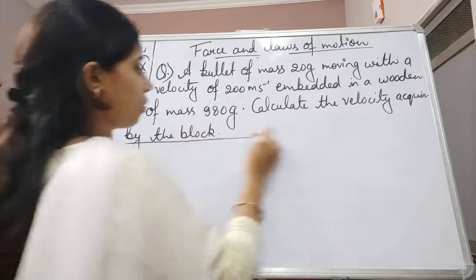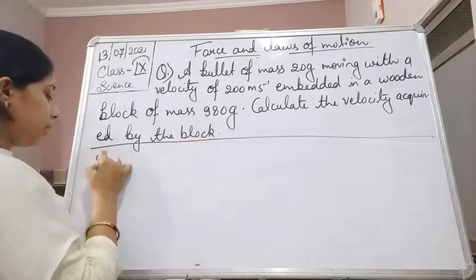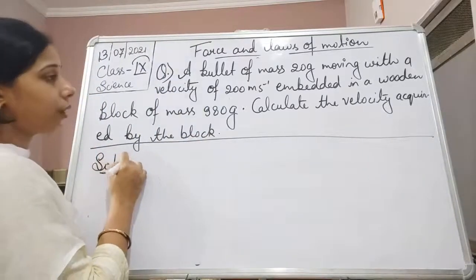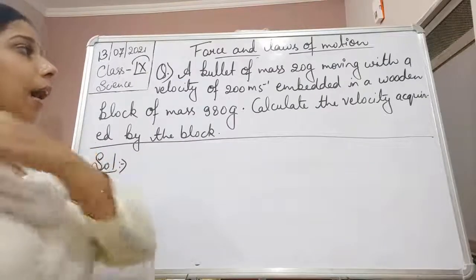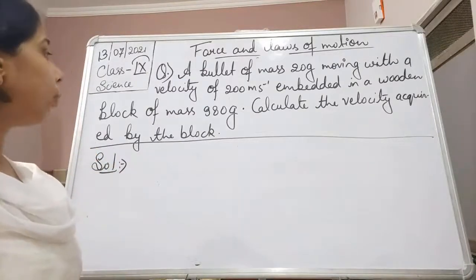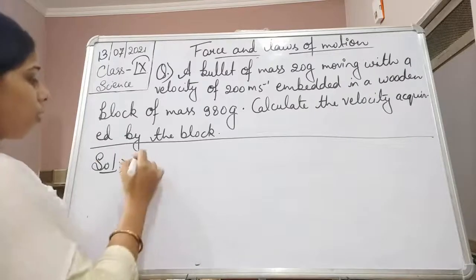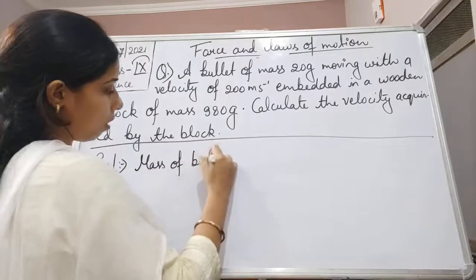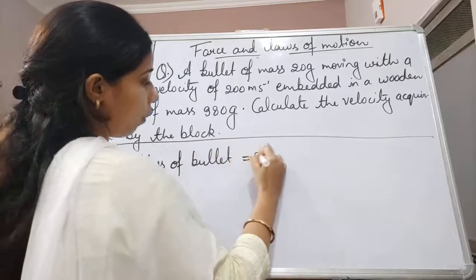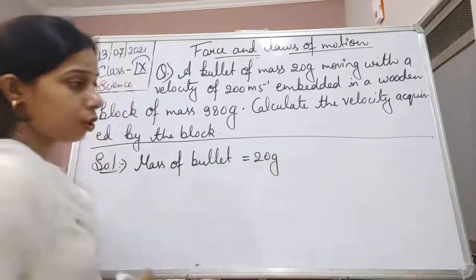This is the question. So let us see what things are given here and what we have to find. A bullet is there, students, and the mass of the bullet is given as 20 gram. So the mass of the bullet is 20 grams, and we have to convert it into kg.